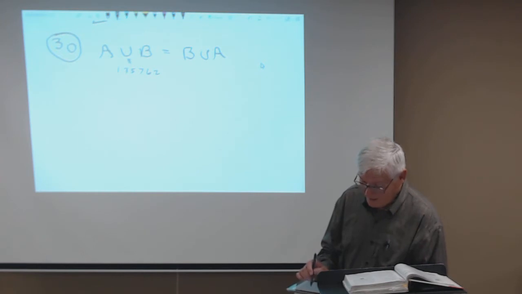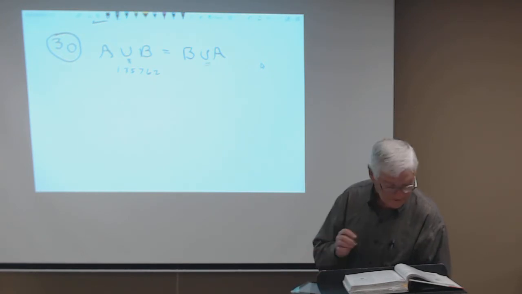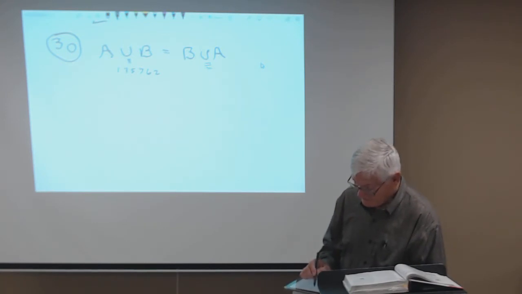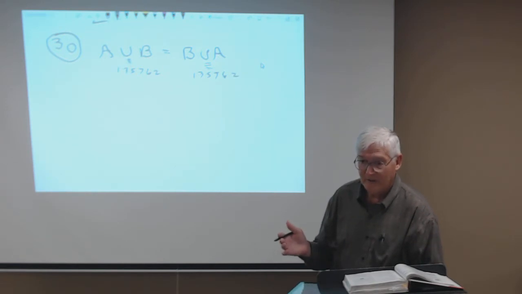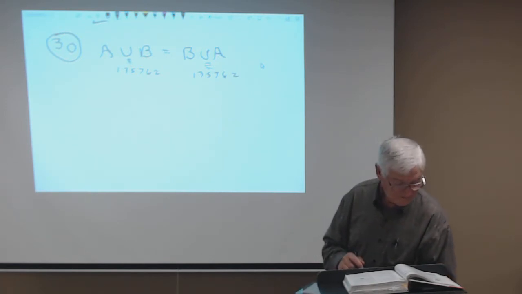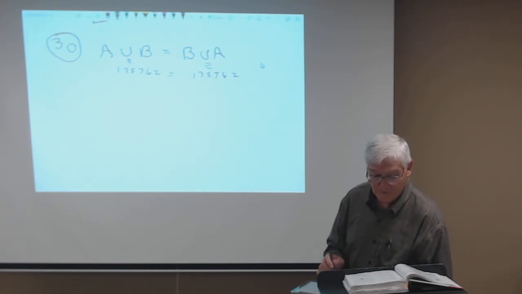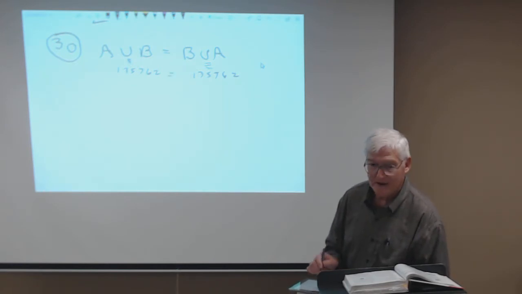Now let's look at B union A. So circle B first, then circle A. What do you get? Same thing. 1, 3, 5, 7, 6, 2. Same numbers again, right? So they're equal. There you go. That's how you've verified they're equal, just by putting that stuff down there.